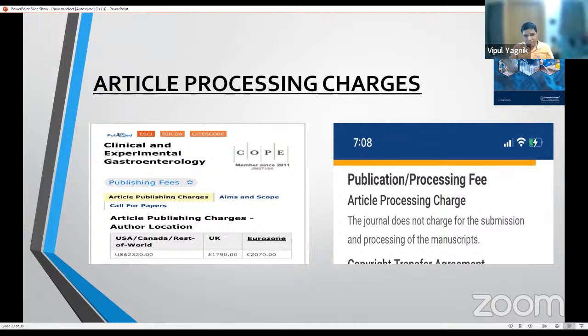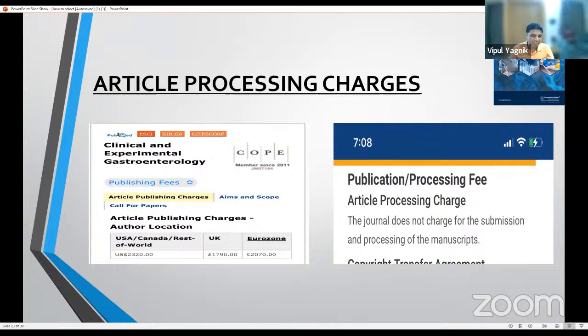So only on the basis of article processing charges you cannot decide, because this journal is charging, but they have a rejection rate of almost 68%. This 2300 US dollar article processing charge is for normal countries; they give discounts also. For India, they give a 50% discount, and for third world countries, very poor countries, they publish free of cost also.